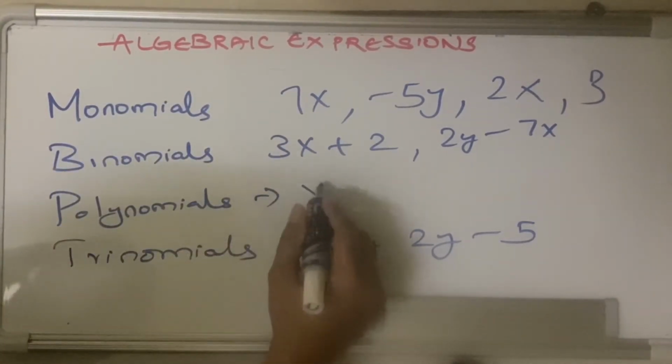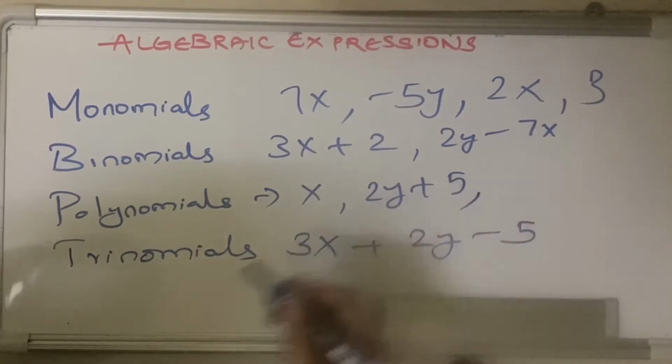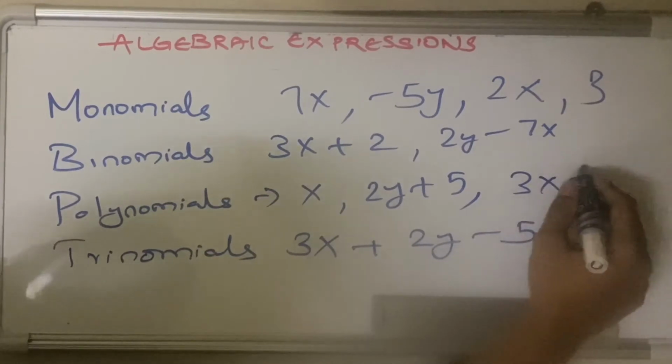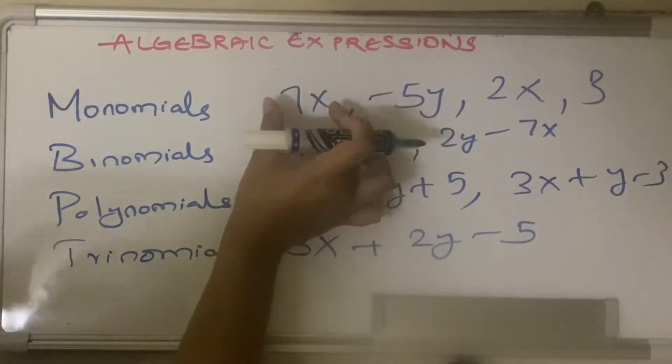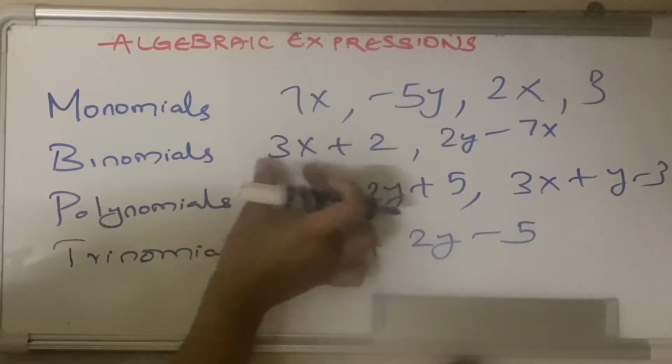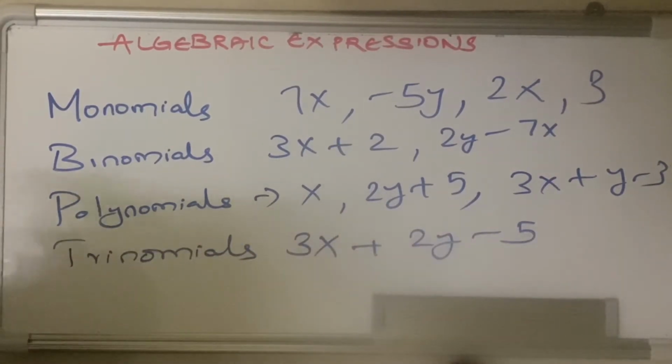It can either be a monomial, or it can take the form of a binomial, or of a trinomial. Clear? So a monomial is an expression that contains only one term, a binomial has two terms, a trinomial has three terms, and polynomial is the general name we use to represent these kinds of expressions.